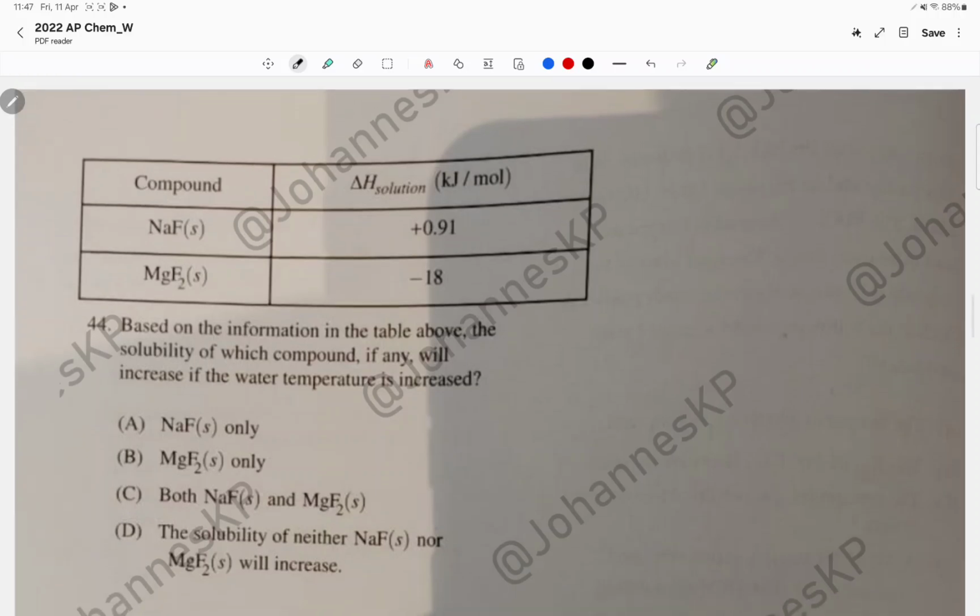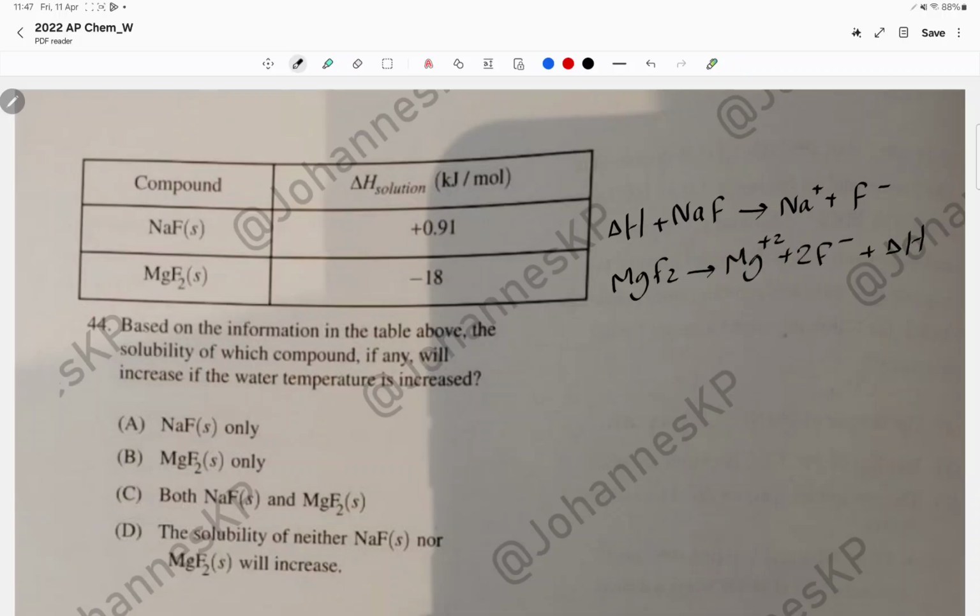44. If your delta H is positive, we have an endothermic reaction. So delta H plus NaF would give you Na+ with F-. If it's endothermic, you put delta H on the left. But if it's exothermic, you put delta H on the right side.